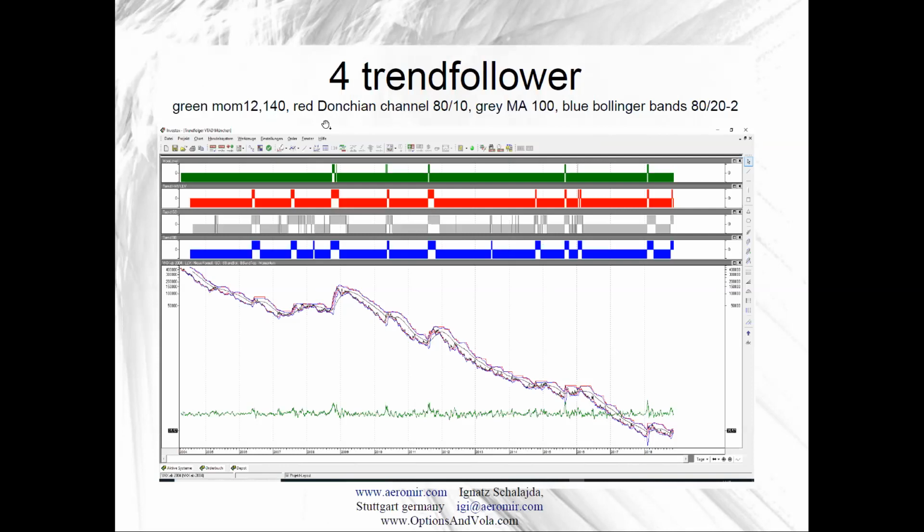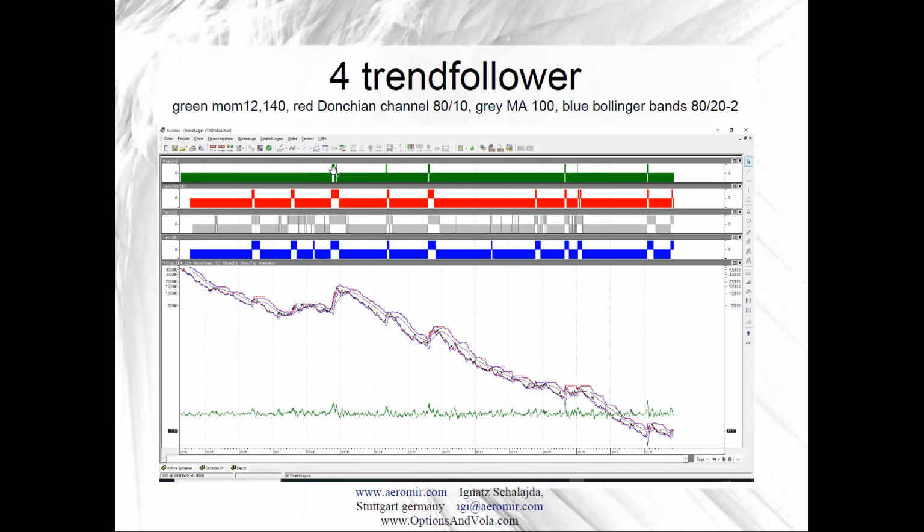So the next one is the Donchian channel, which is the highest close of the last 80 days and the lowest close of the last 10 days. And this is a very fine indicator, as you can see here.